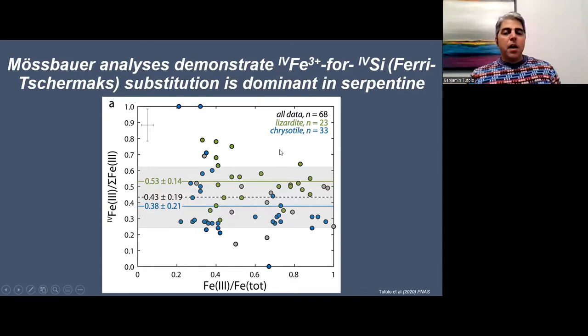What we see is that within error, the average of all of these analyses gives us approximately 0.5 tetrahedral over total iron. What does that mean? That means that Ferri-Tschermak substitution, that coupled substitution of oxidized iron into the tetrahedral sheet and oxidized iron into the octahedral sheet for a magnesium and a silicon, must be the dominant mode of ferric iron substitution.